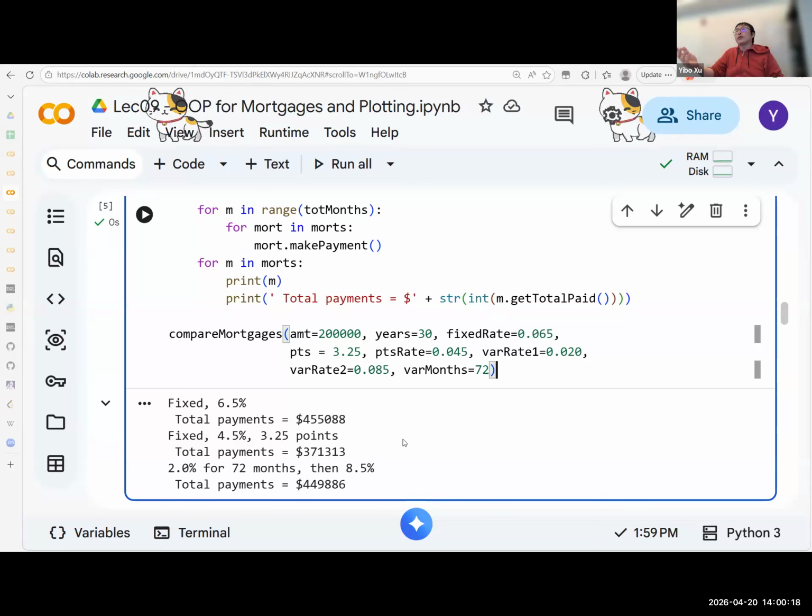So we care about how much we have already paid, how much interest we have covered, how much principal we have paid off, right? So these are things that we would like to visualize the trend throughout the period, comparing different kinds of loans, which is what we're gonna talk about in the second part of the lecture.